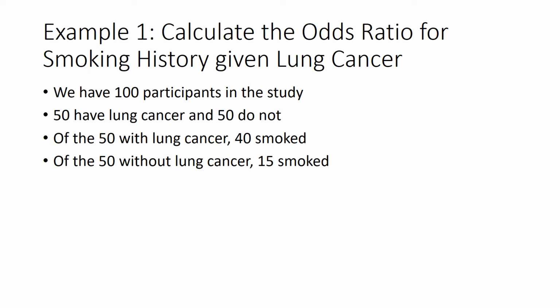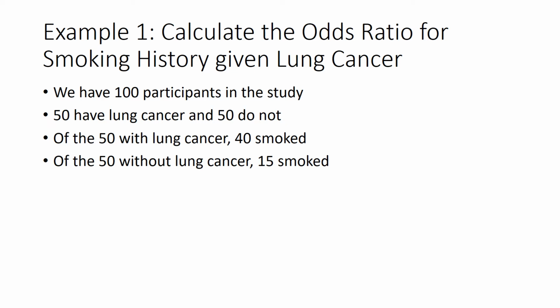Let's assume we have 100 participants in this study. 50 have lung cancer and 50 do not. So 50 with lung cancer, those are our cases, and the 50 who do not, those are our controls. Of the 50 with lung cancer, 40 of them smoked. And of the 50 without lung cancer, 15 of them smoked.